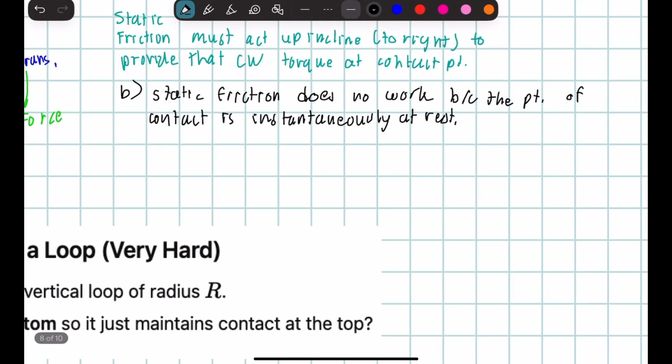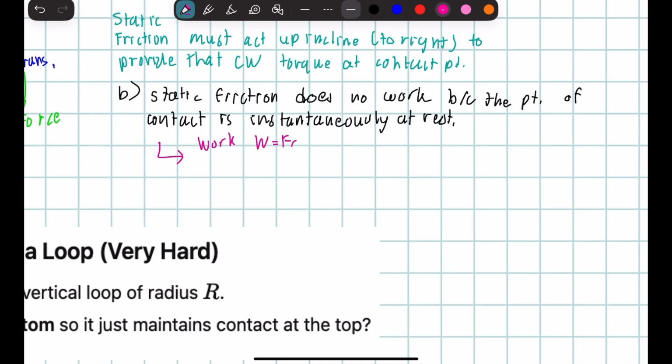And the reason for this is we have to look back at the definition of work. In a mechanical system, work is done when a force is applied over a displacement. So work is W equals F d cosine theta in the translational world.